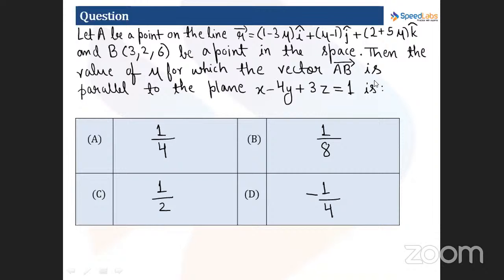No, no, sorry. It's not correct. Check it once again. Okay, there is some minor error. Let's discuss the solution, then you'll get it.